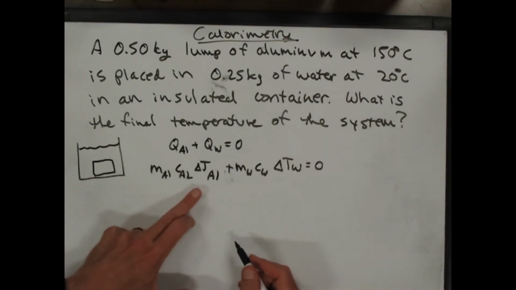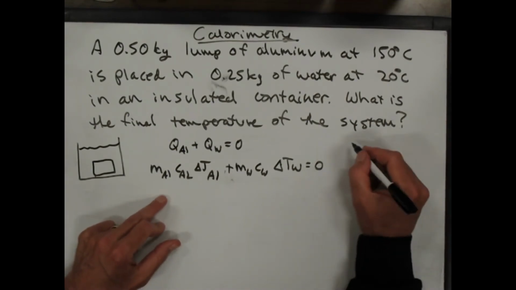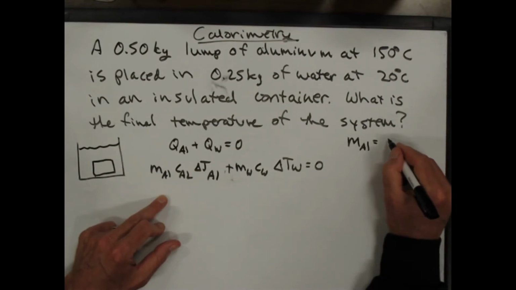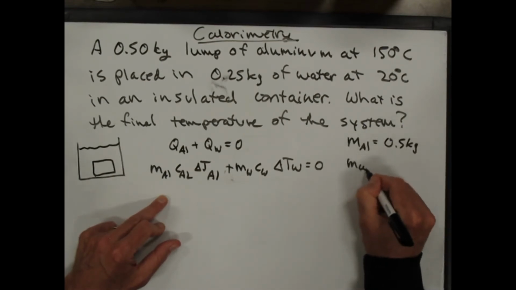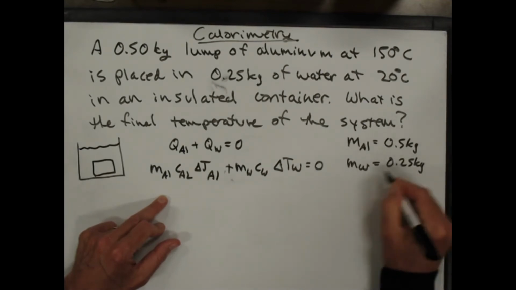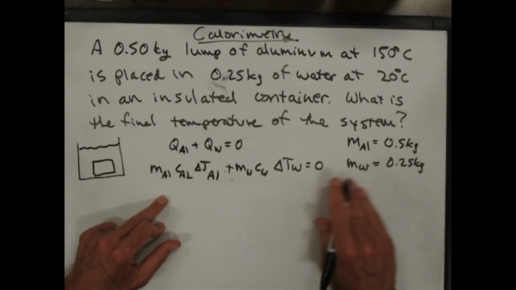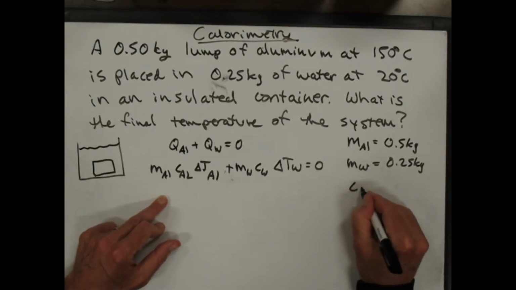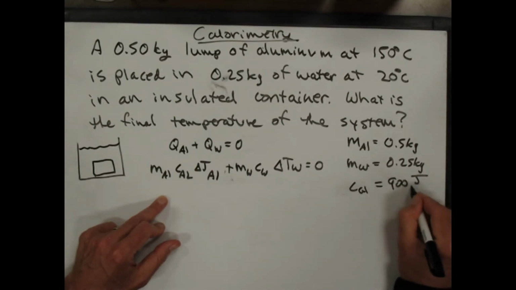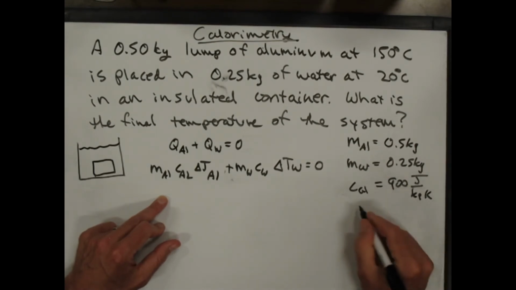And so let's just identify some of these things. Mass of the aluminum is equal to 0.5 kilograms. Mass of the water is equal to 0.25 kilograms, right? C for aluminum, we've already said, is 900 joules per kilogram Kelvin.